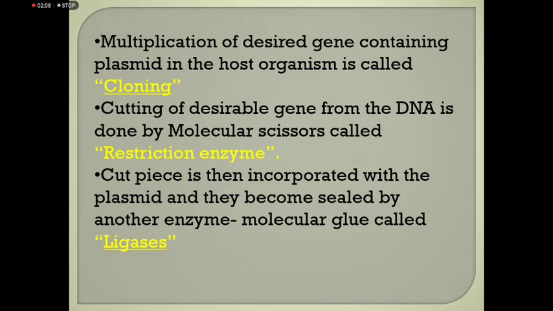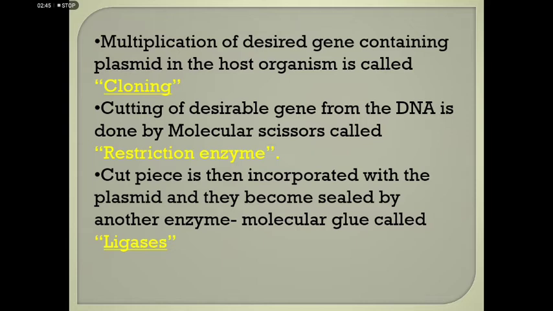Restriction endonuclease can cut inside a piece of DNA. That means they can cut inside, and restriction exonuclease cuts not in the middle, but at the ends. Then this cut piece is incorporated with the plasmid, and they become sealed by another enzyme called molecular glue or ligase.